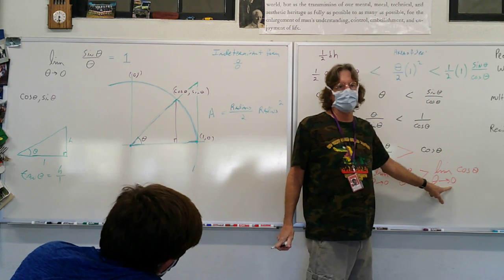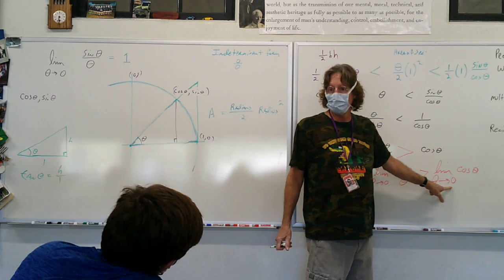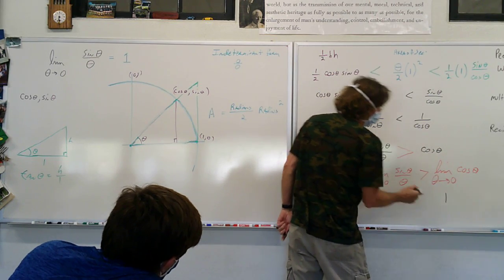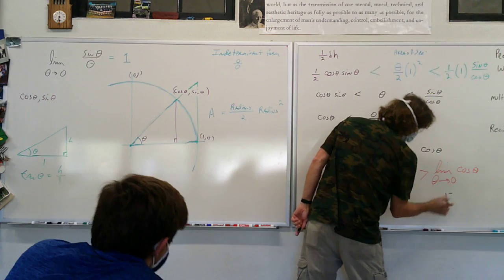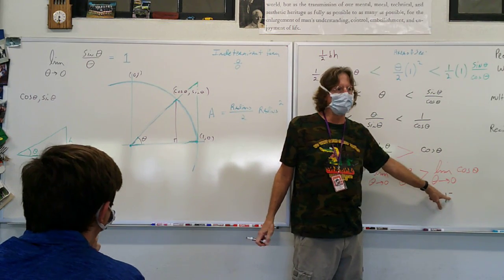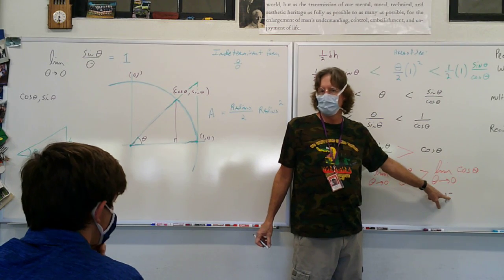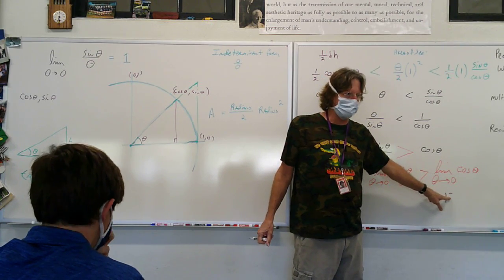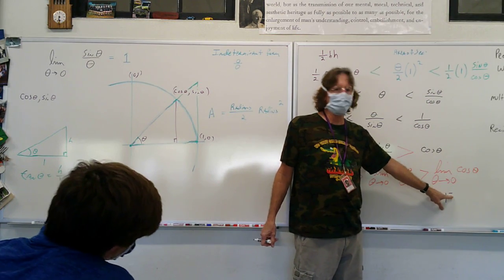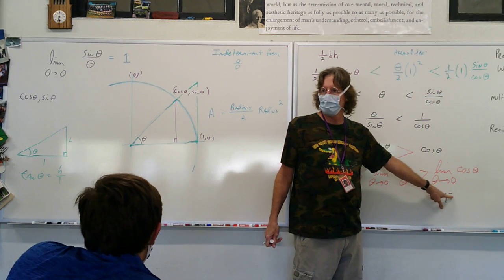Because cosine can never be bigger than what? 1. So yeah, it gets closer to 1, but it gets closer to 1 from the smaller number side. Not negative, but numbers smaller than 1. 0.999. 0.99999. So this does get closer to 1, but it gets closer to 1 from numbers what? Smaller than 1.